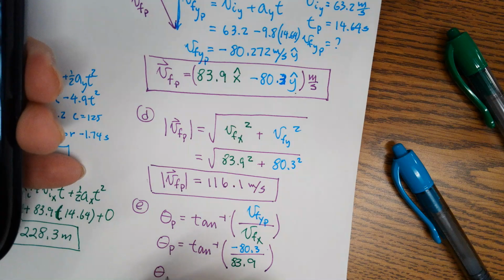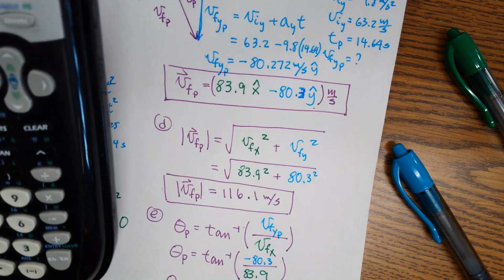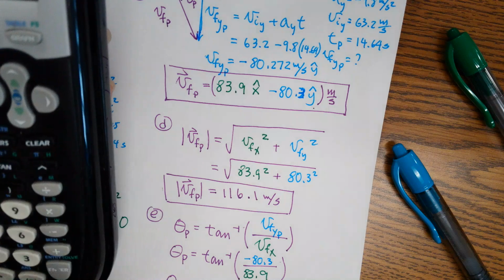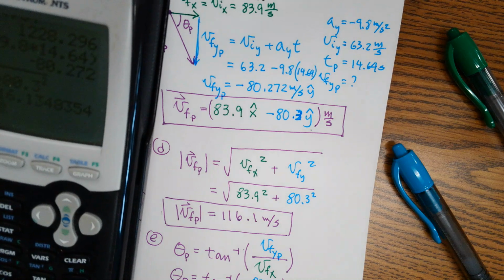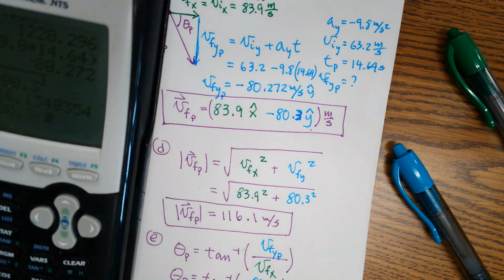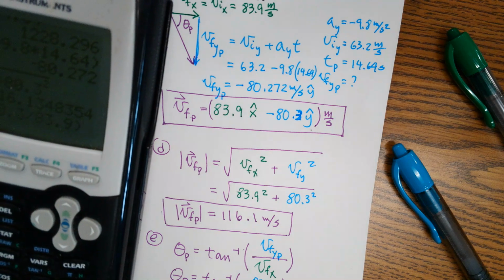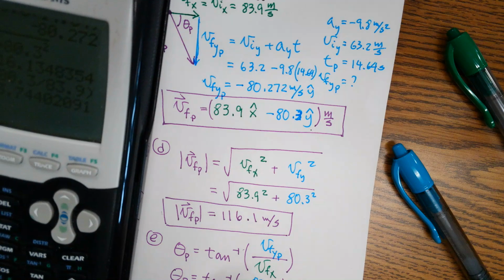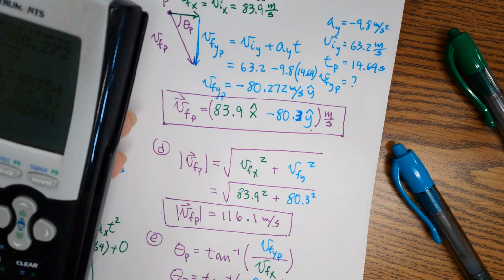So my theta P is equal to tan inverse of negative 80.3 divided by 83.9. And I get negative 43.7 degrees.